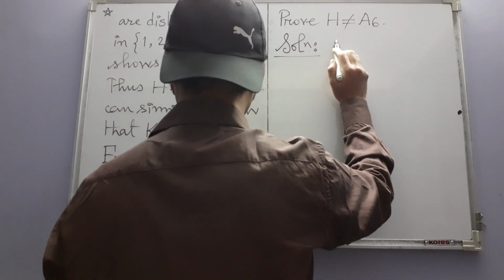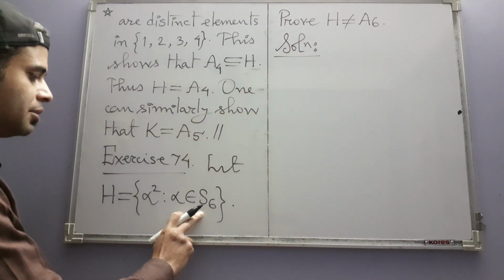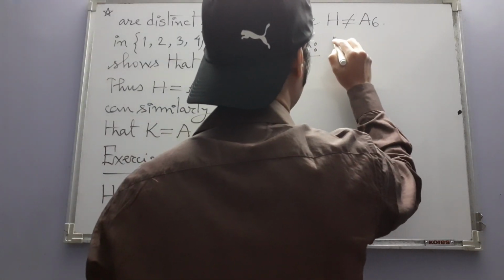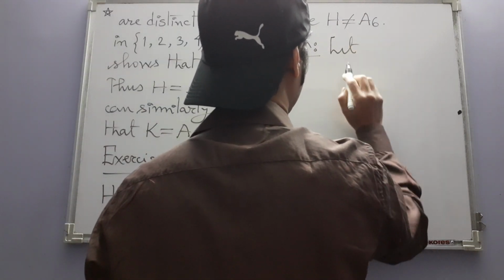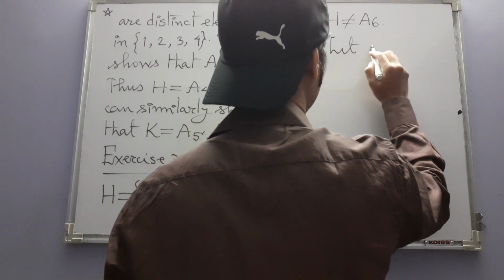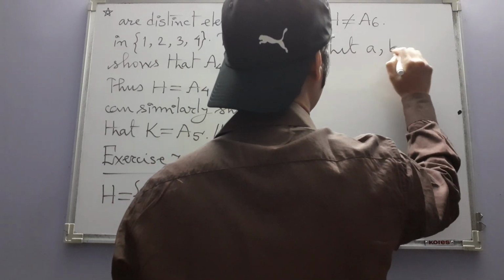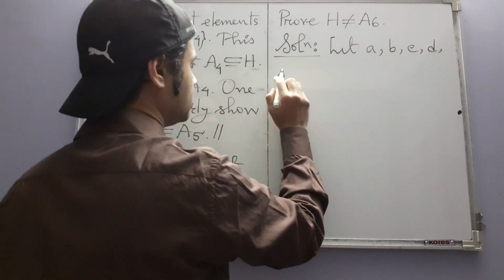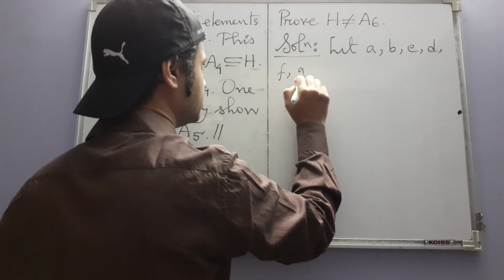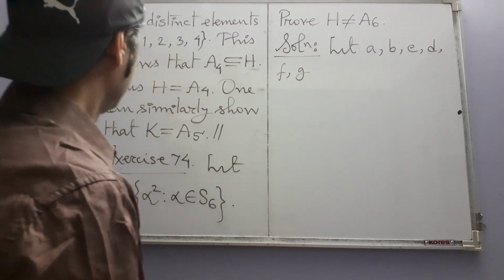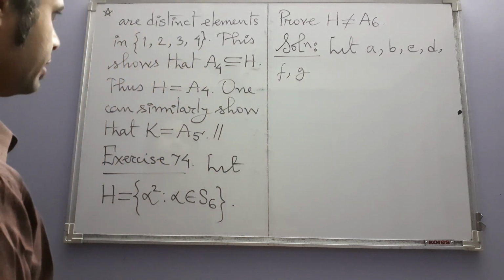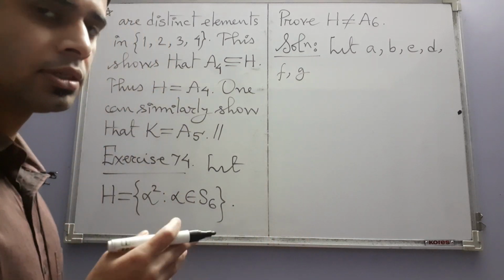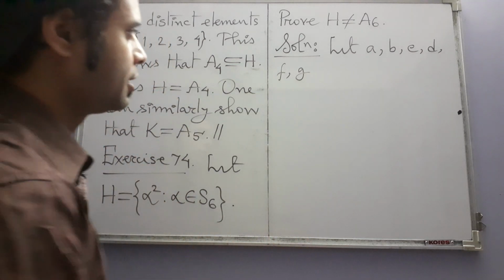Because we are going to consider an arbitrary element of S6, at the outset let's choose the symbols. Let A, B, C, D, let me take F and G, because by E I am denoting the identity permutation. In the text, however, the author is using epsilon. You can use any symbol you want.